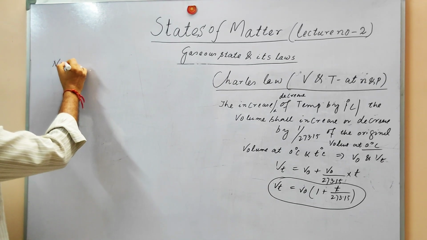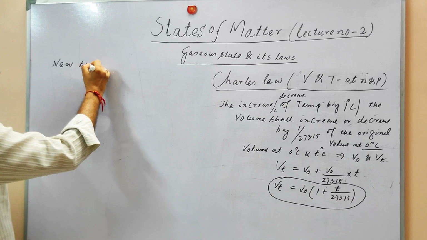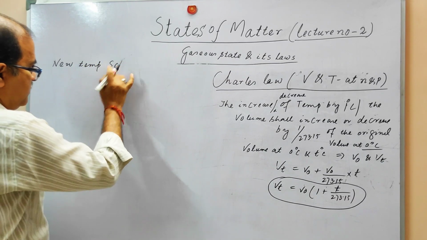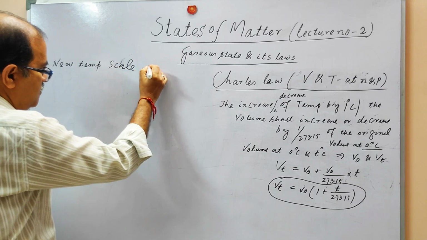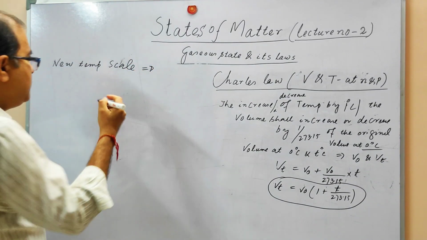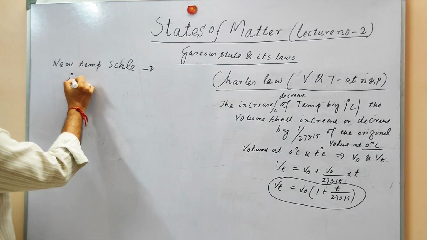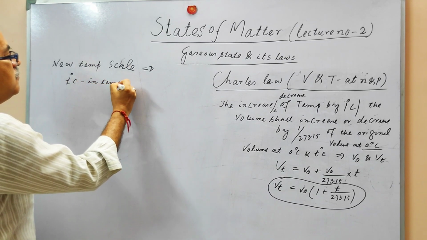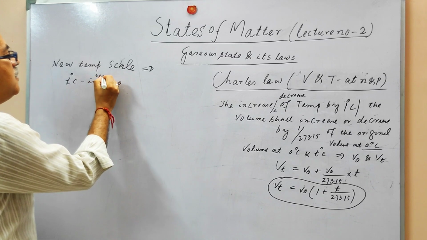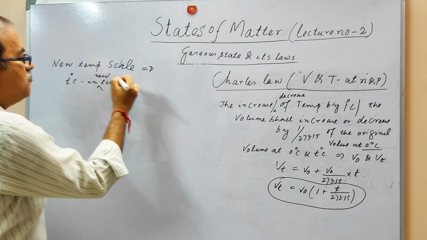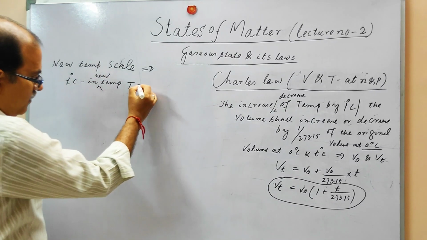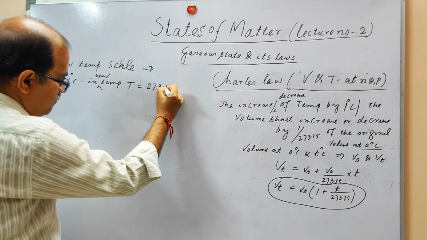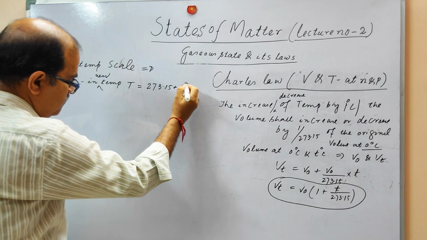Okay. Next, a point where there is a generation of a new temperature scale. Suppose this is capital T, and it will be 273.15 plus t.